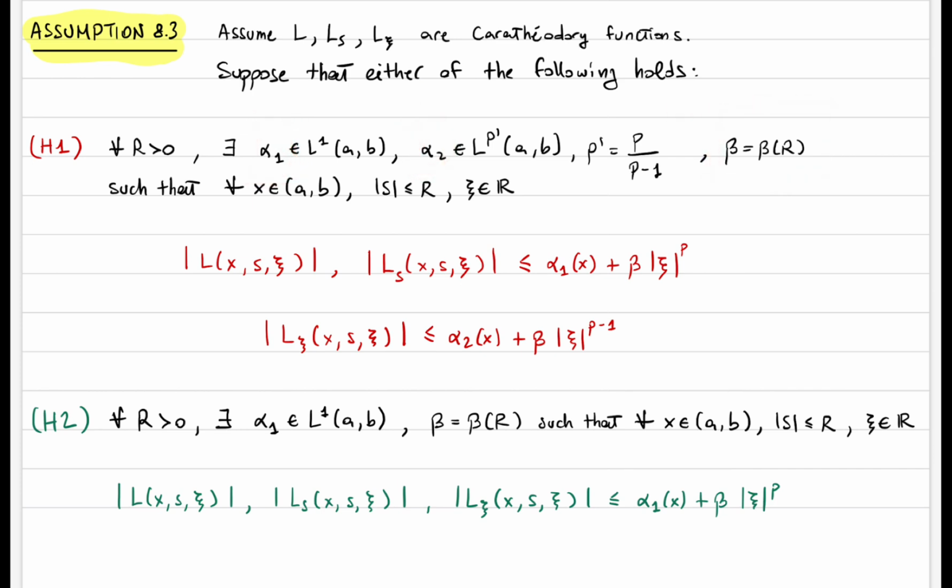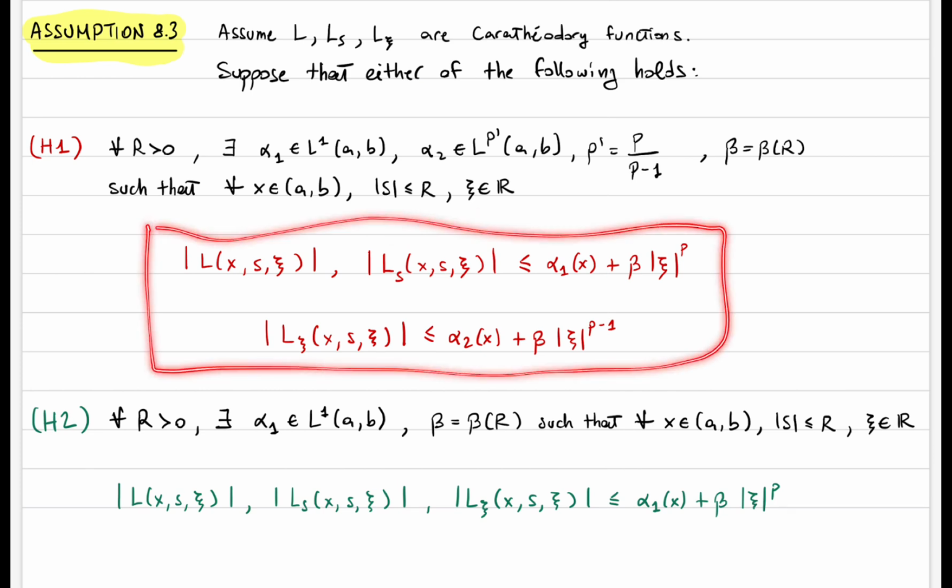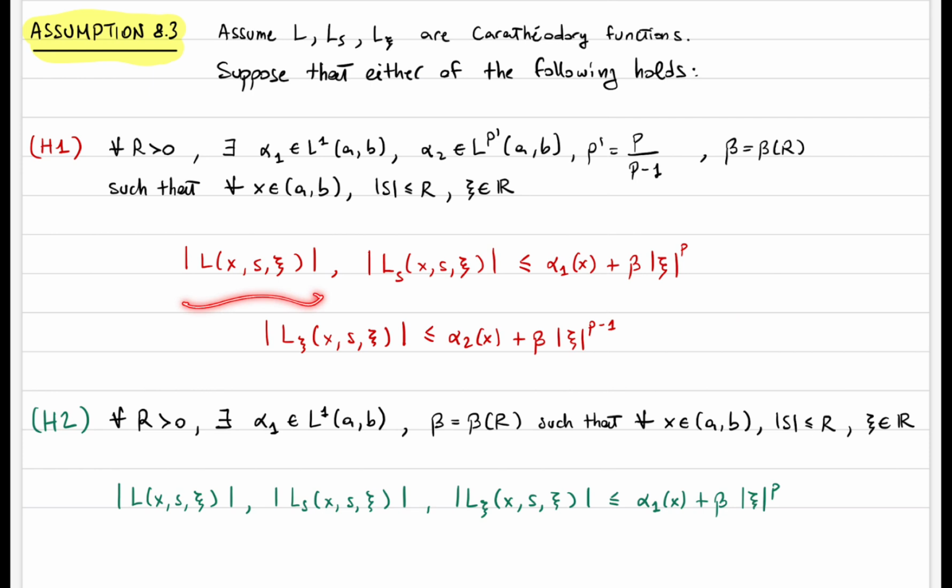And then we require that for every x in (a,b), for every s smaller than R in absolute value, and for every xi, these estimates hold. The Lagrangian L and the derivative with respect to s must be bounded by alpha 1 of x plus beta times the absolute value of xi to the power p, and this has to be true for these values of x, s, and xi.